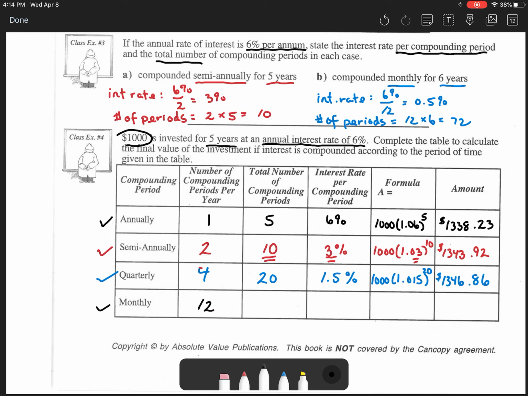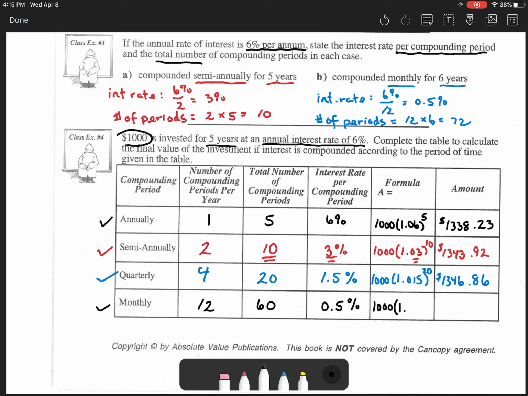Now monthly means what? Every month. So in a year, that would be 12 times in a year. And 12 times in a year over 5 years will give me 60 total times of collecting interest. So the interest every time I do that is going to be 6% divided by 12, and that is going to give me 0.5%.